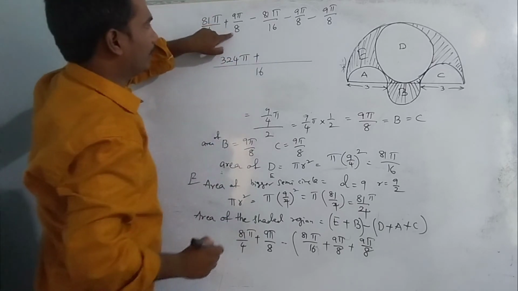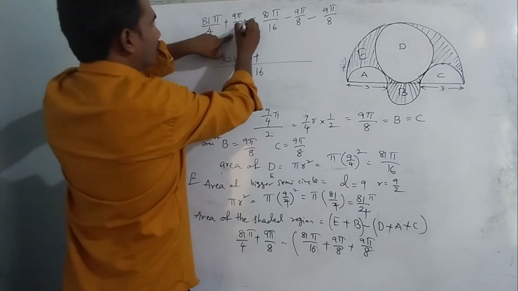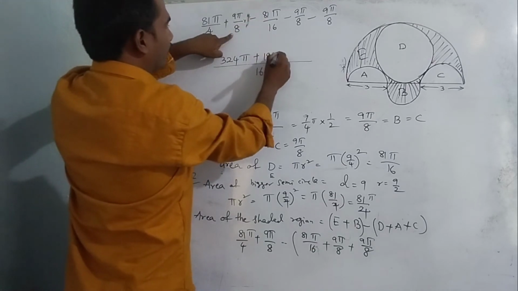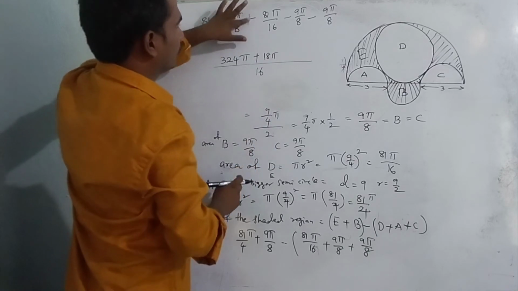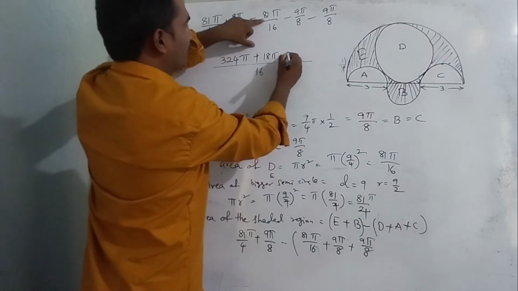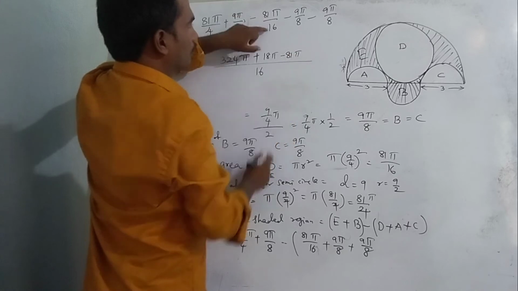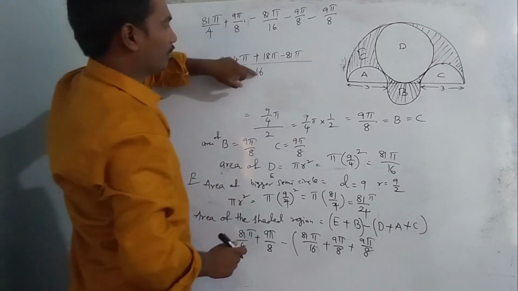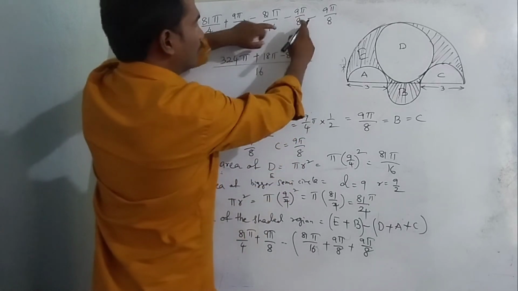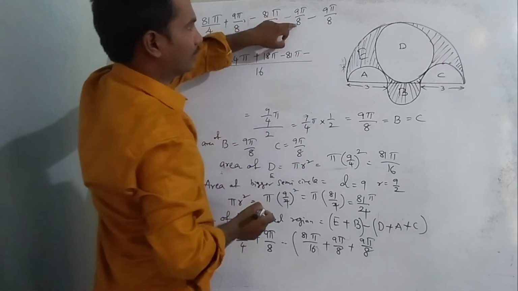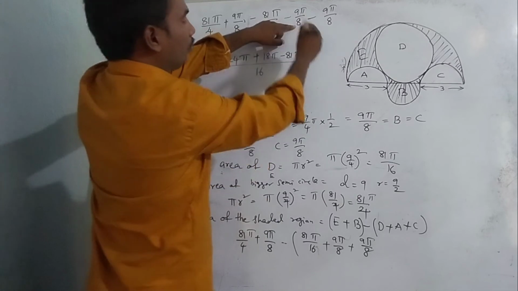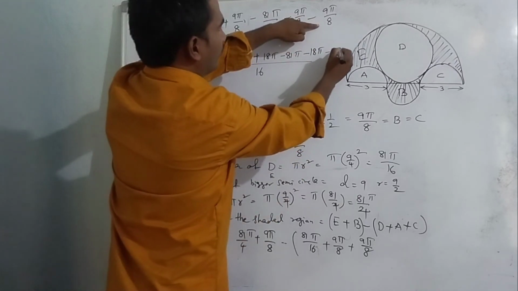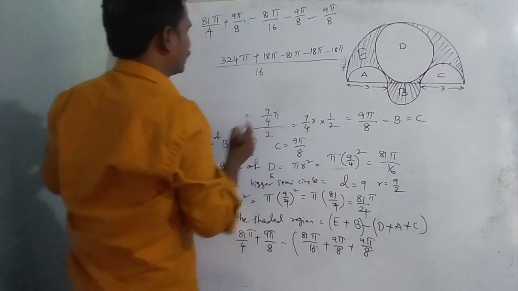Plus, here denominator 8 is there, so multiply by 2: 9 2s are 18 pi by 16. Here minus 81 by 16, denominator 16 is already there, no need to multiply anything. But here minus, denominator 8 only, so to make it 16, multiply by 2. Here also 18 by 16.